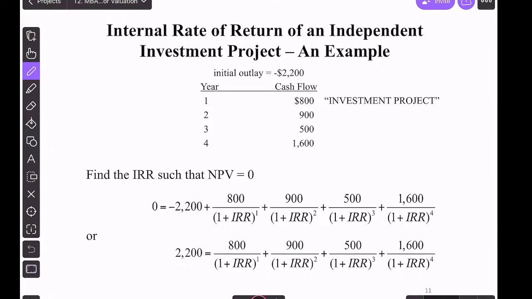So this is an example of the internal rate of return. With these cash flows and this initial outlay for a project, say we don't have the discount rate handy. We're not sure what the discount rate should be for this project.